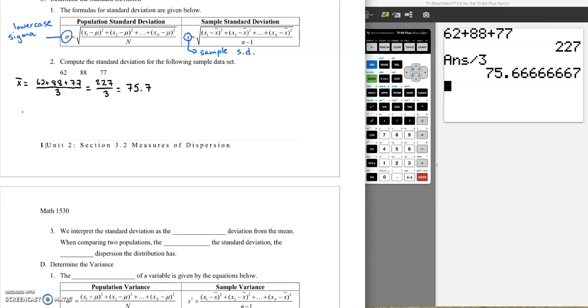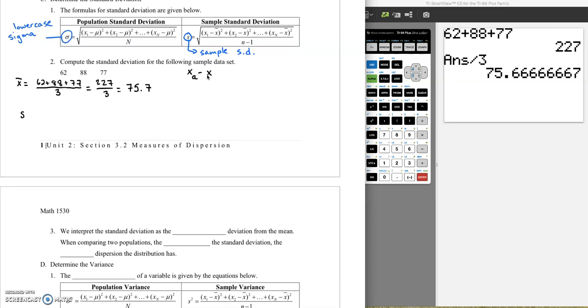Now let's compute the standard deviation. So first, let's do x1 minus x bar. We should do this better. We should have x sub a. We'll just say a.